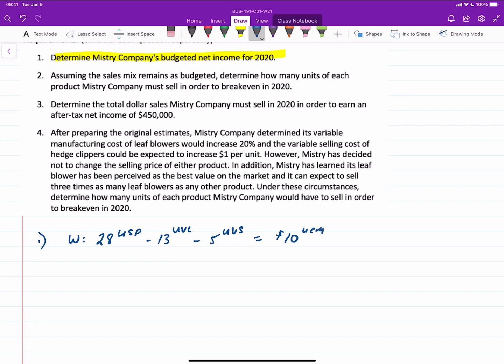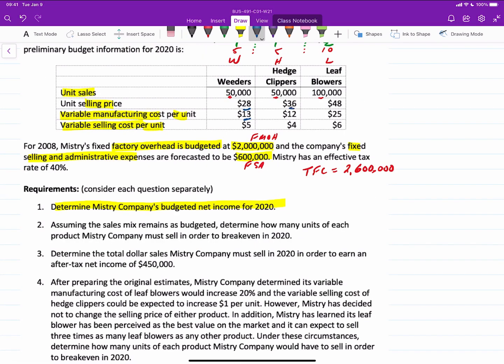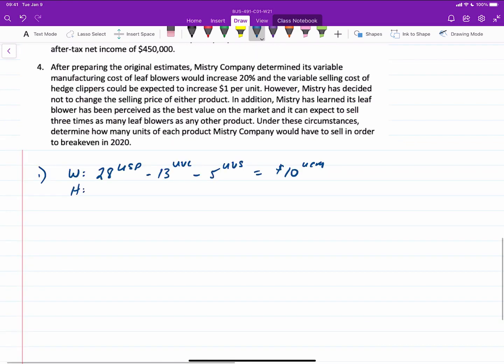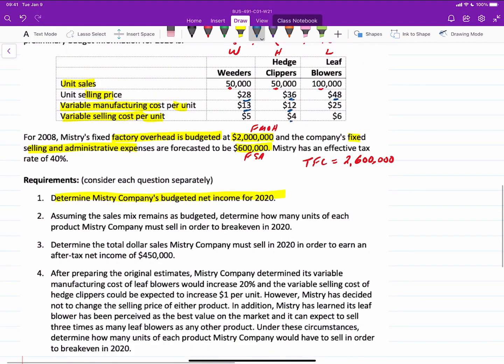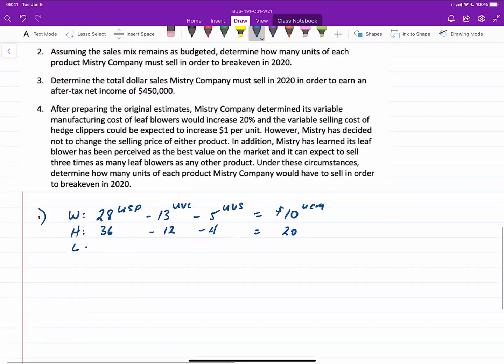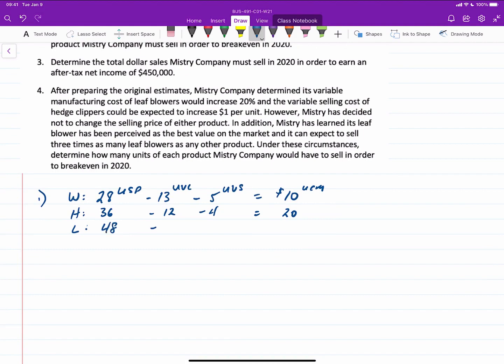If we look at hedge clippers, we have a selling price of $36, variable manufacturing costs of $12, and selling costs of $4. So we would take $36 minus $12 minus $4 to give us a unit contribution margin of $20. And then finally for the leaf blowers, we have a selling price of $48, variable manufacturing per unit of $25, and variable selling costs of $6. So we take 48 minus 25 minus 6 to give us a contribution margin of $17.